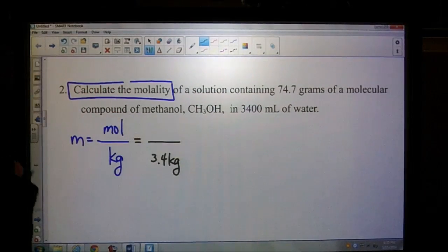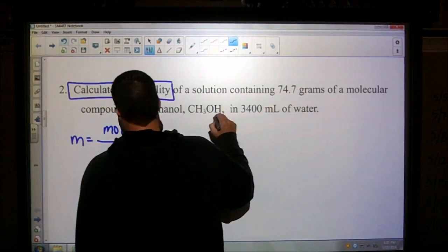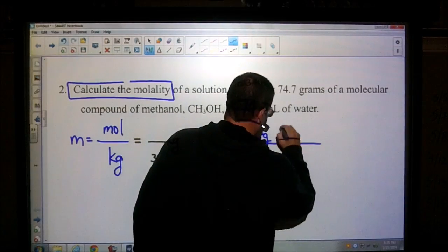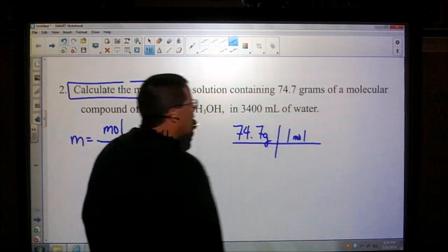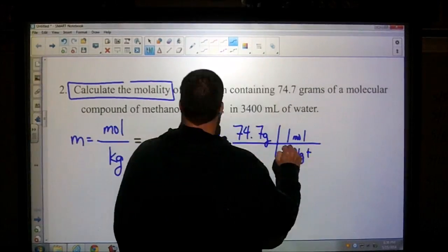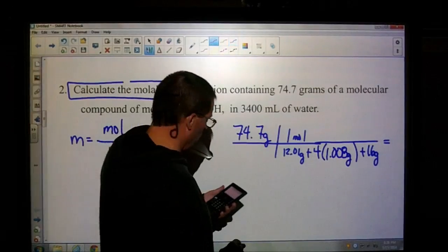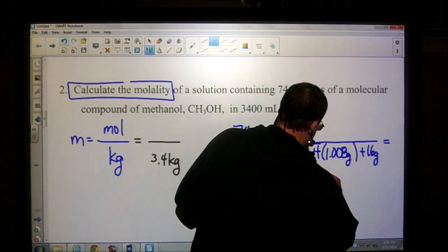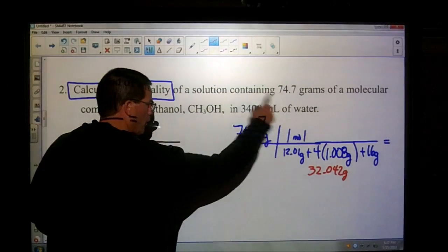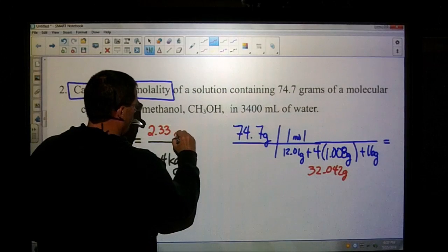All right, we need to convert the 74.7 grams of methanol. So again, convert that from grams to moles. So let's see here. There's 1 carbon. So the molar mass of this is 32.042 grams, which means that we had 2.33 moles.